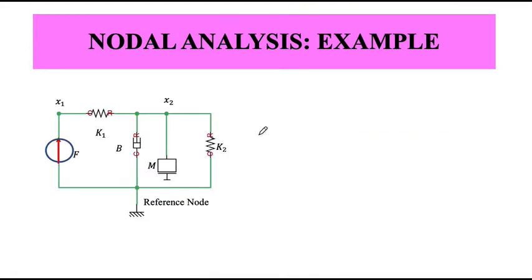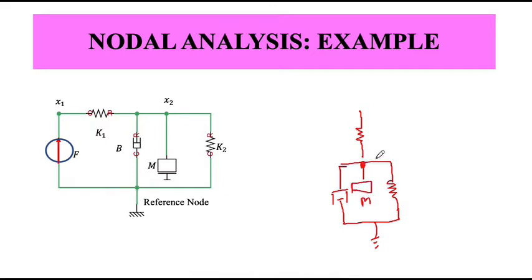So step 3, we go back to how these were connected between node 1 and node 2, and then with the reference. Earlier we have seen that we had a spring, there was another spring, a damper, there was a reference node, and mass was connected.